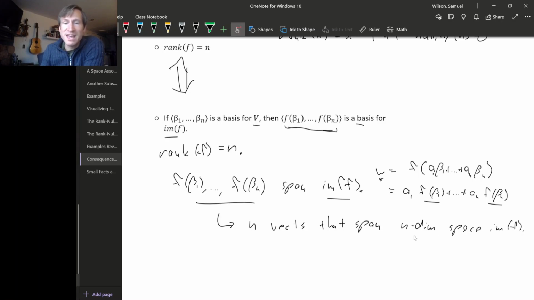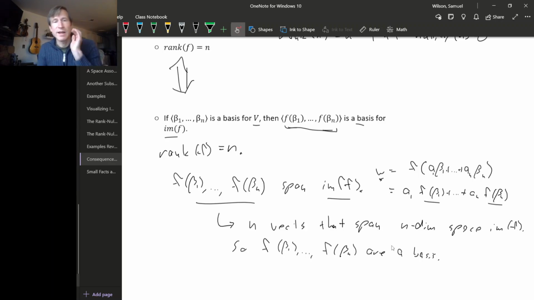Well, if you have n vectors that span an n-dimensional space, we've seen that this implies they have to be a basis. So f of beta 1 through f of beta n are a basis. Okay, so right, that proves this way.